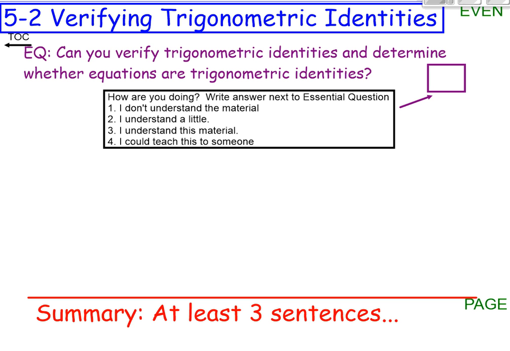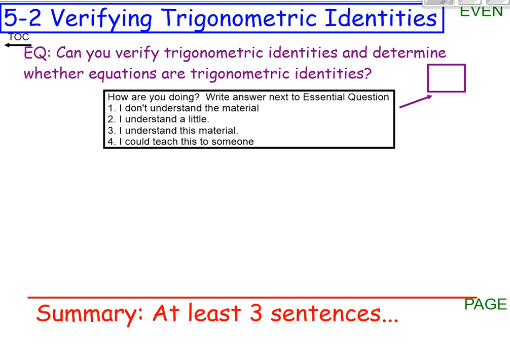Well, in this section, you can think of that as the book author giving you the simplified version, and you have to show that the longer version can be equal to that.